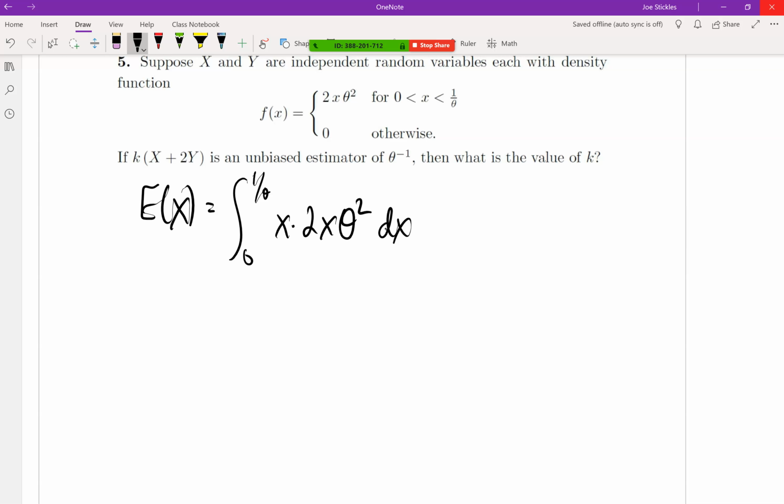We're just integrating 2x squared, so that gives us 2/3 x cubed over theta squared. Theta is just a constant as far as x is concerned. Going from 0 to 1 over theta, what does this simplify to? We get 2 over 3 theta.